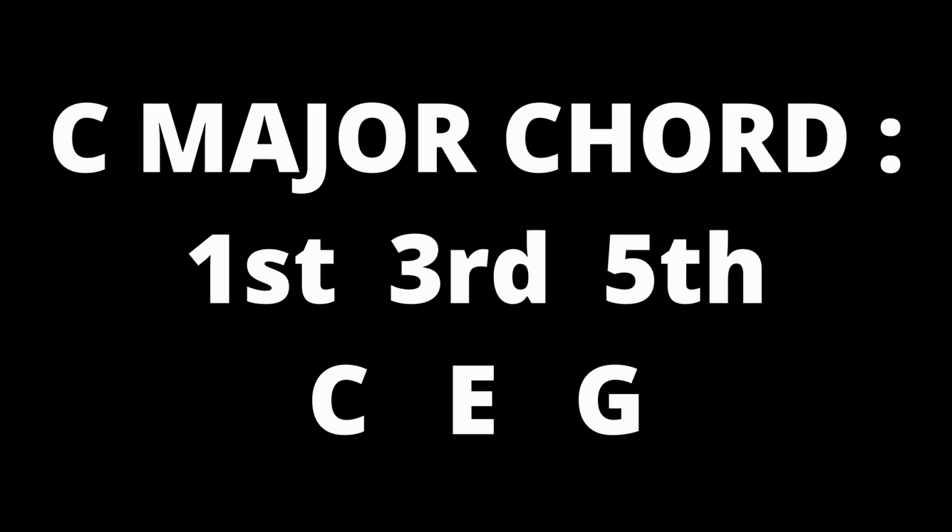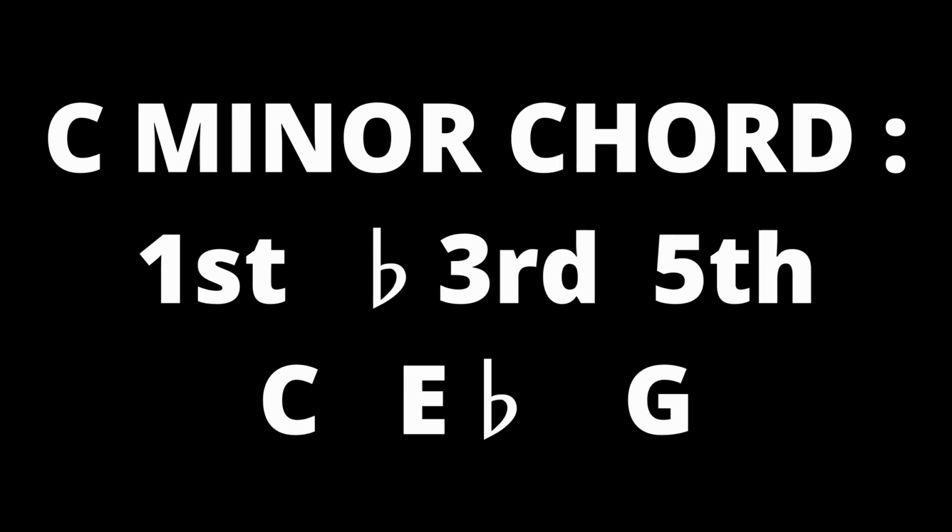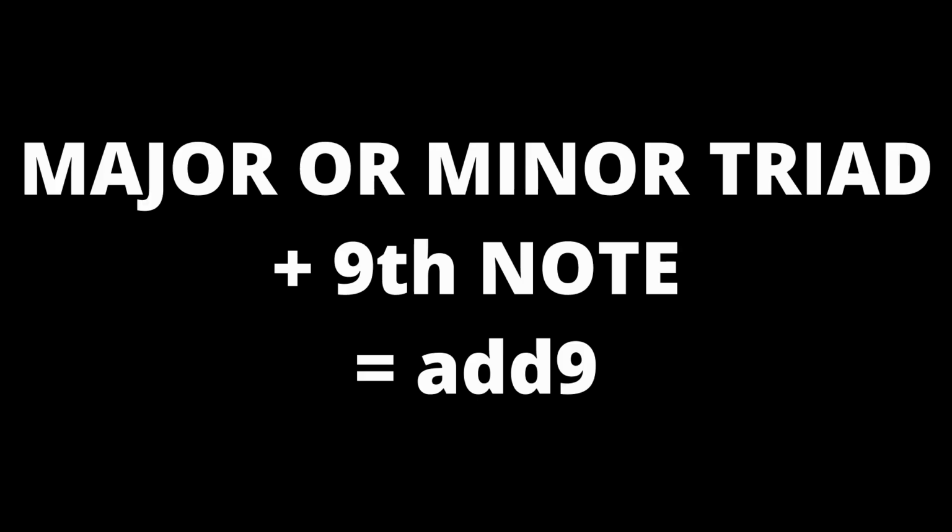Now that we understand the numbering system, let's construct some chords. To construct the C major triad, we take the 1st, 3rd, and 5th notes from the major scale, which gives us C, E, and G. The C minor triad drops the 3rd note by half a step or a semitone to give us C, E flat, and G. As we discussed earlier, the 9th note is D. Therefore, to create add 9 chords, we simply add this 9th note to one of the triads.